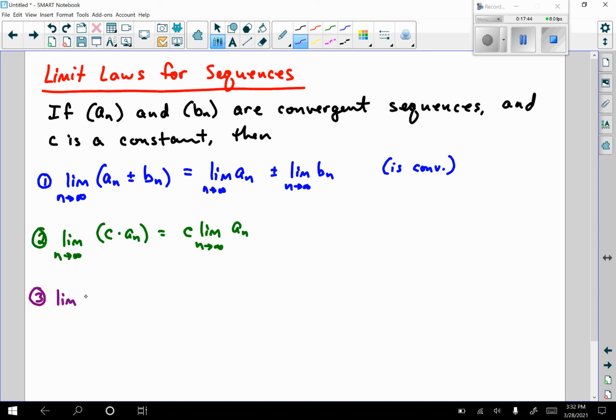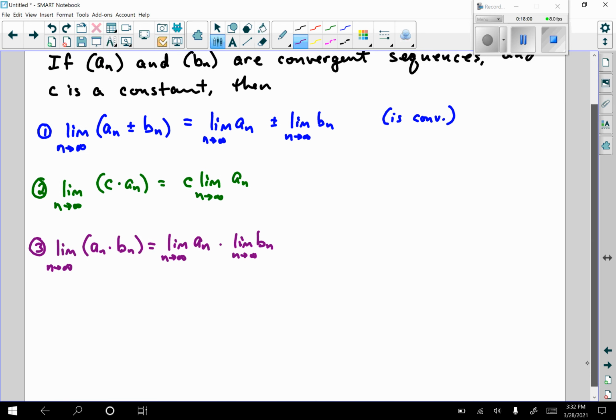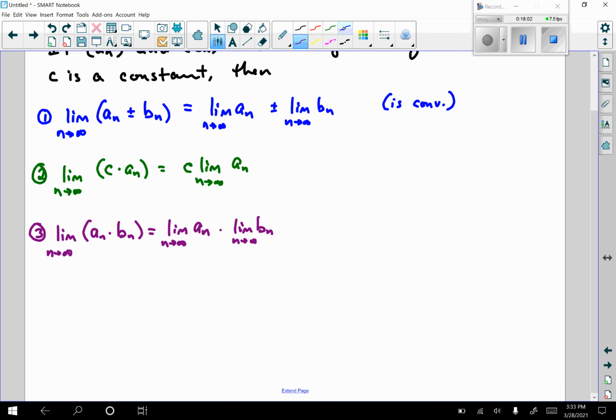The limit of their product is also the same as the product of their limits. So if we have a sub n times b sub n, this is equal to the limit of a sub n as n approaches infinity times the limit of b sub n as n approaches infinity. Next, we have the limit of their quotient is the same as the quotient of their limits, provided our denominator is not equal to 0.